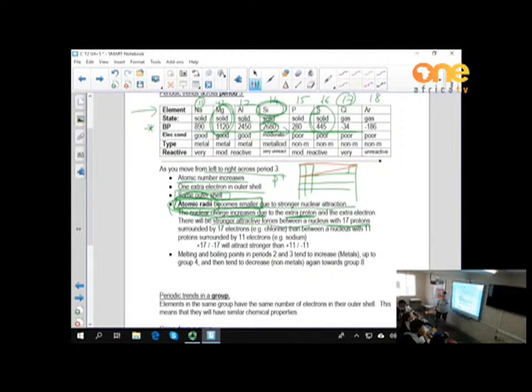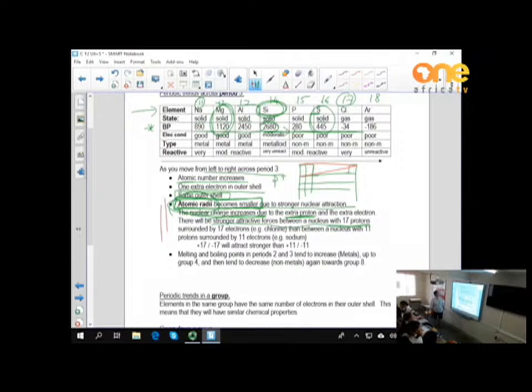So what do the atomic radii do? As we move across the periodic table from left to right, they become smaller. If I asked you to explain why they become smaller: the nuclear charge becomes more, plus one, as we move across from left to right, and it has a stronger force of attraction, trying to pull them in closer.